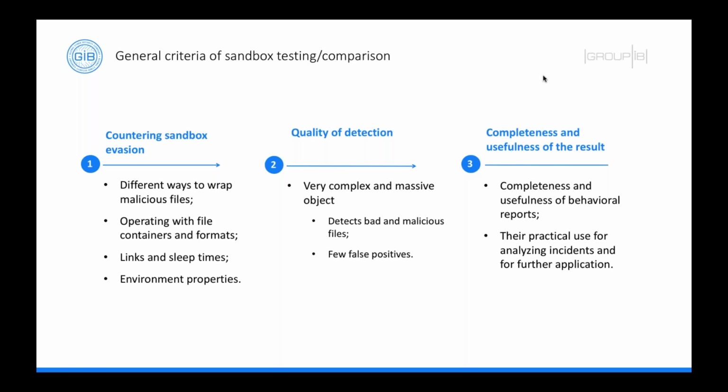So I mean, how much detail do you see in the behavior reports? Are internal artifacts available from this report? All these details are very important to the actual analyst working with the sandbox, so he could make his own opinion about the object.